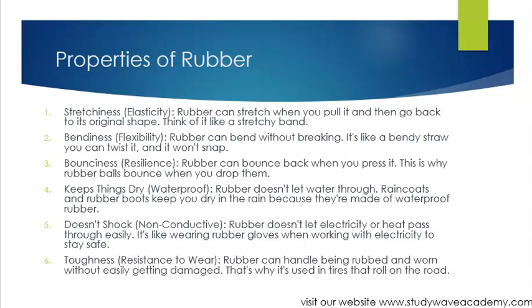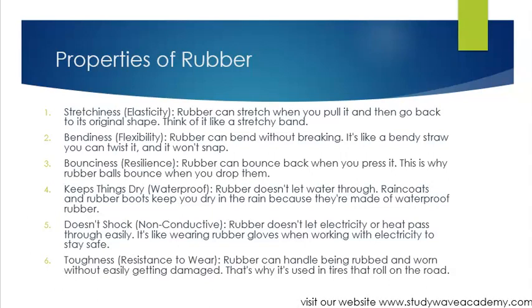Okay, the properties we have is stretchiness. Rubber can stretch when you pull it and then go back to its original shape. Think of it like a stretchy band. So rubber is very elastic, which means it can stretch when you pull it and then return to its original shape.